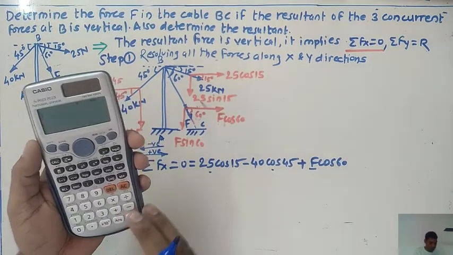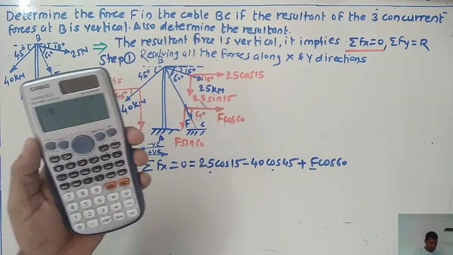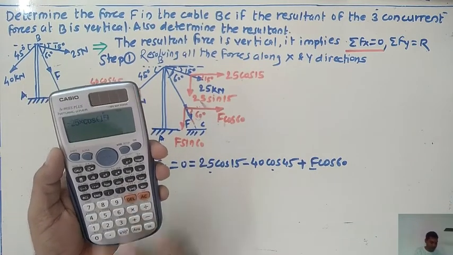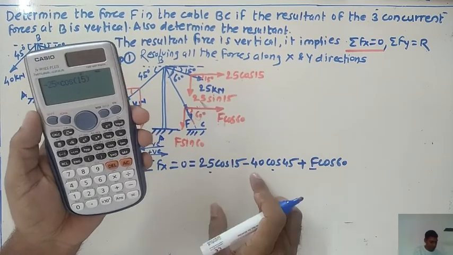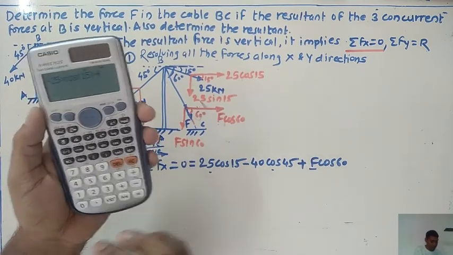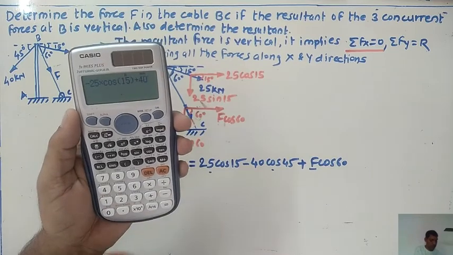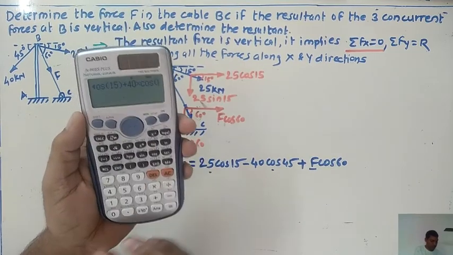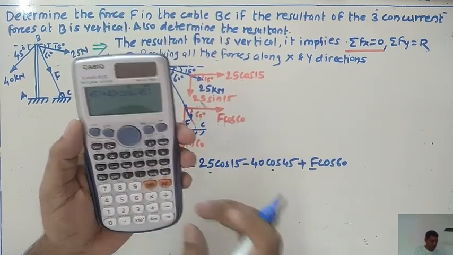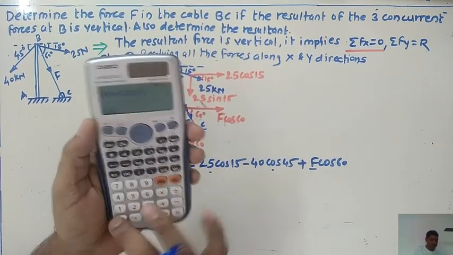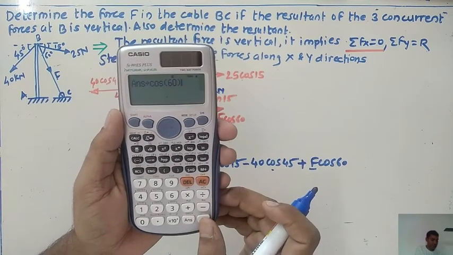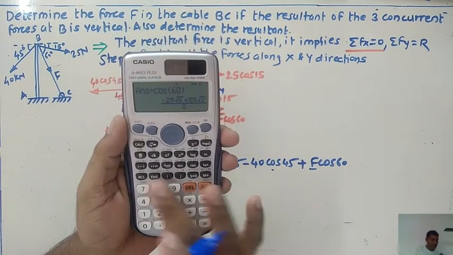I'll just do this here, minus 25 multiplied by cos of 15. Then if I take this one towards the another side, this becomes a positive. 40 multiplied by cos of 45. Okay, in this way. So divide by cos of 60. So what do we get here?